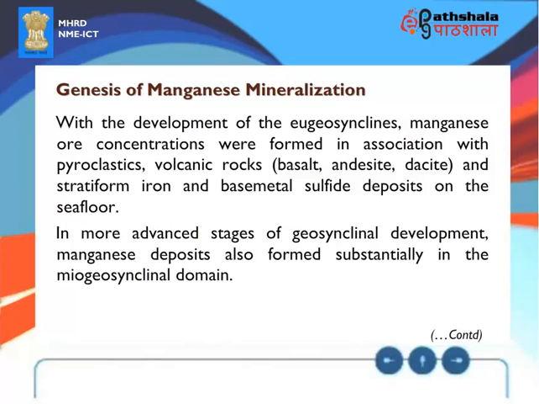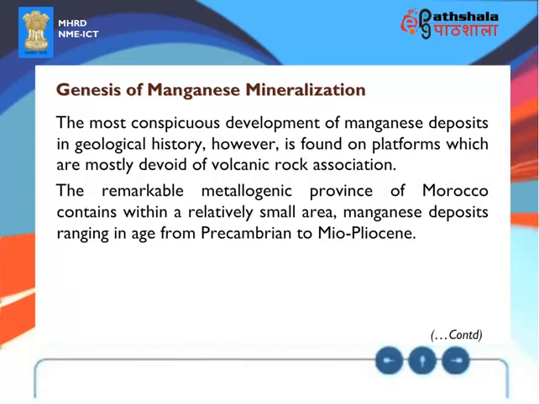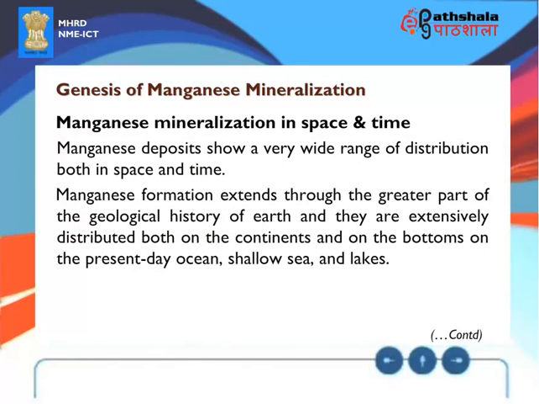In more advanced stages of geosynclinal development, manganese deposits also formed substantially in the miogeosynclinal domain. The most conspicuous development of manganese deposits in geological history, however, is found on platforms which are mostly devoid of volcanic rock association. The remarkable metallogenic province of Morocco contains, within a relatively small area, manganese deposits ranging in age from Precambrian to Mio-Pliocene.